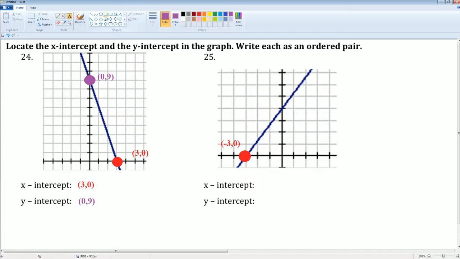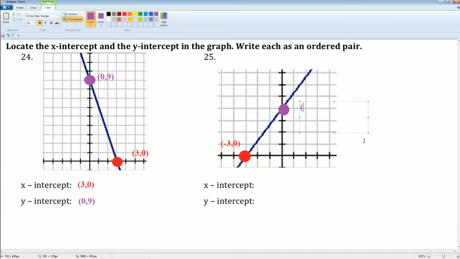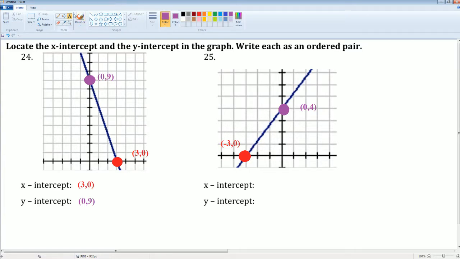Next. 1, 2, 3, 4. It's right there. And the point for that one is 0 in the x and 1, 2, 3, 4, 4 in the y. Oops, I forgot to write that.